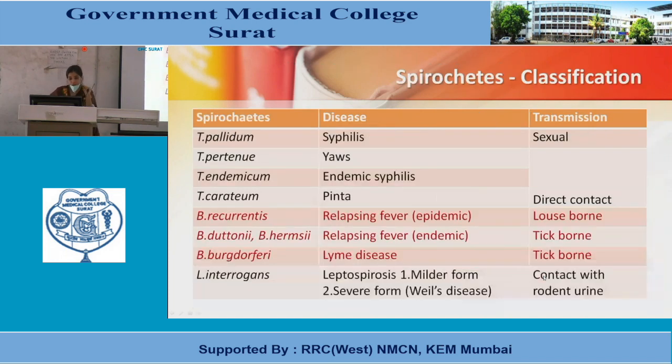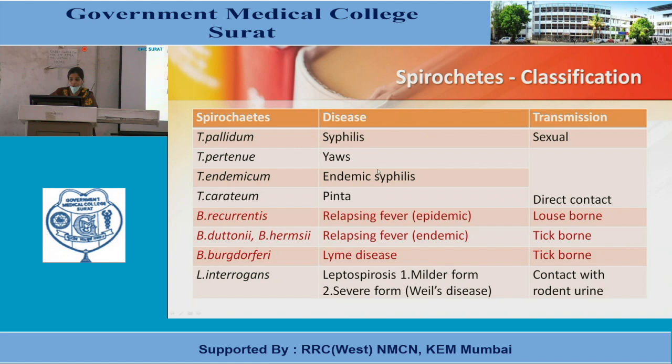About the pathogenesis: the Treponemes are divided into species, which are Treponema pallidum, Treponema pertenue, Treponema endemicum and Treponema carateum. Treponema pallidum causes the venereal disease syphilis.